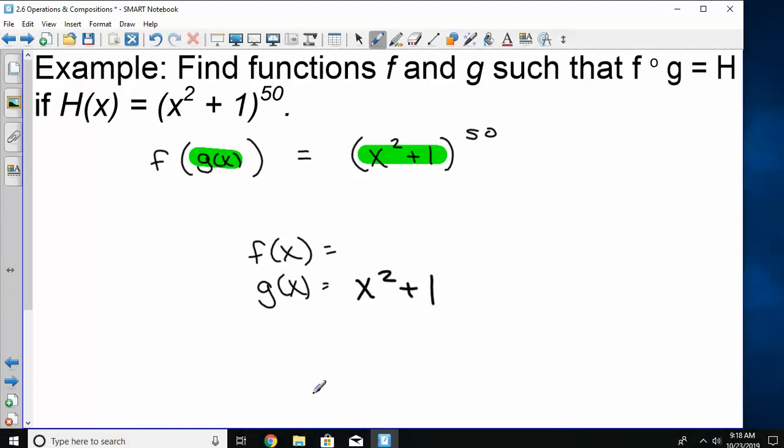So if I'm taking this back out, that meant this had to be an x before. So f is x to the 50. And that works. Those are 2 possible functions that if you did f composed with g, you would get that for your answer.